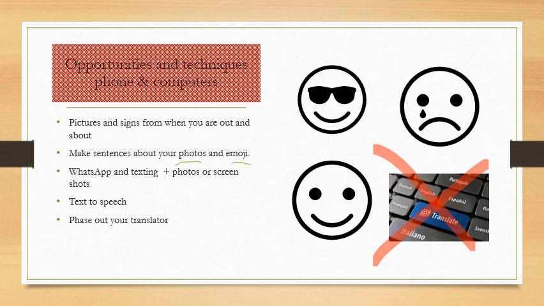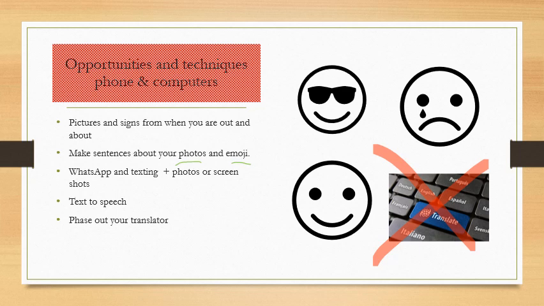You can use the text to speech, but I am suggesting phase out. Slowly get rid of your translator. Try using your pictures and try saying things in English.